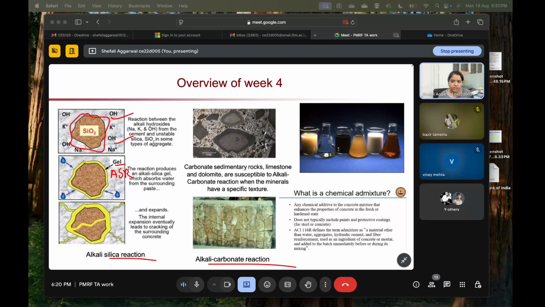You will have an alkali carbonate gel forming around the aggregates, and it will exert pressure onto the surface. Mostly if you see this type of map cracking in concrete, that is a result of alkali carbonate reaction. However, this won't exert the kind of pressure that ASR does, and it is limited to a few types of aggregates which have sedimentary carbonate in them.